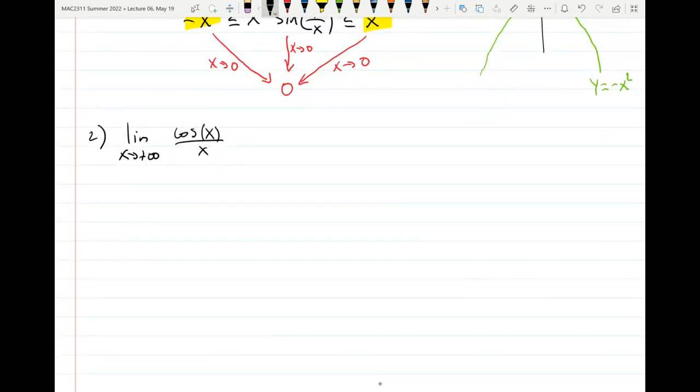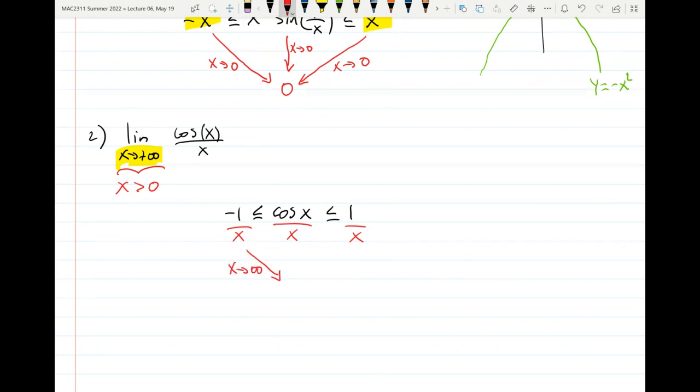And indeed, we can quickly justify this by using the Squeeze theorem. So how? Well, again, cosine of x is between negative 1 and 1. Now we're interested in x, so I'm going to divide everything by x. Because x approaches positive infinity, x is positive, so we don't have to flip anything. And now we're interested in the limit as x approaches positive infinity.